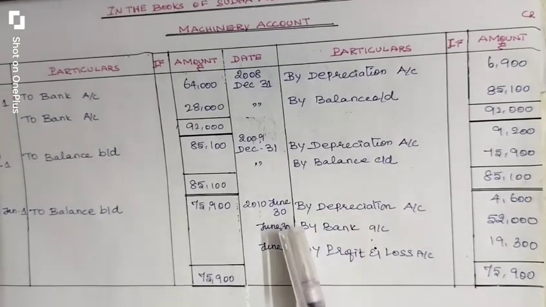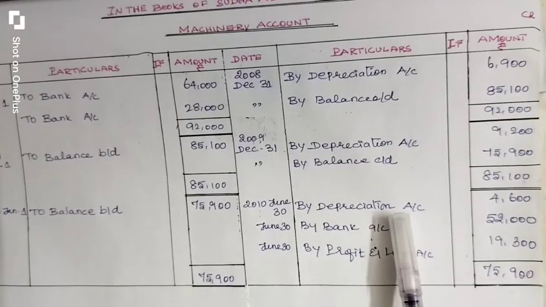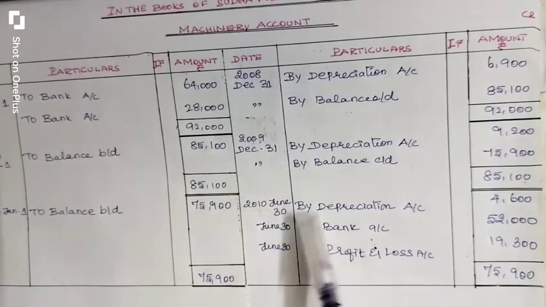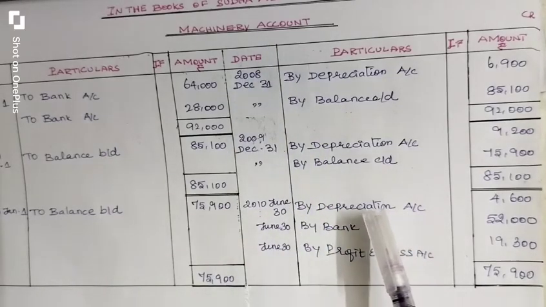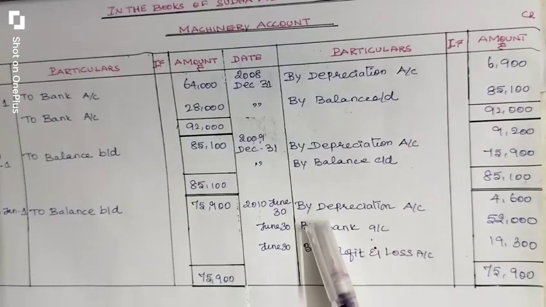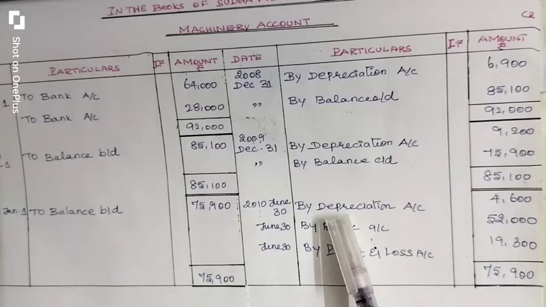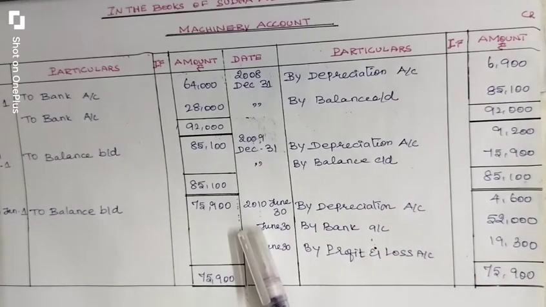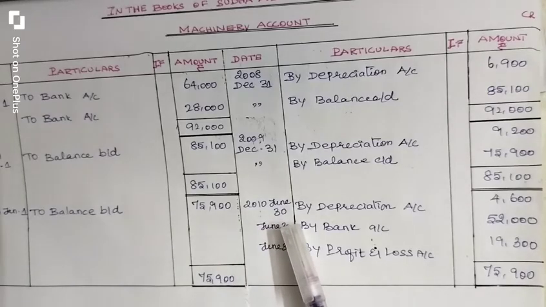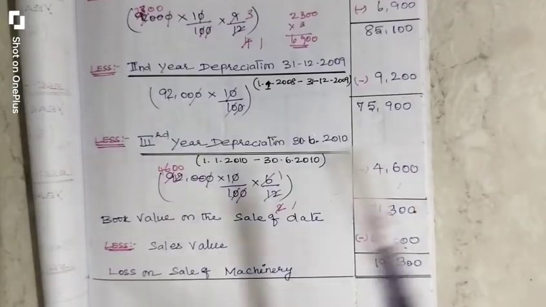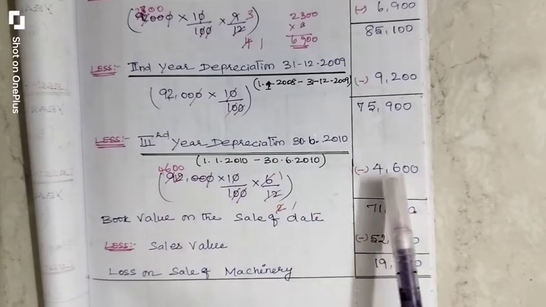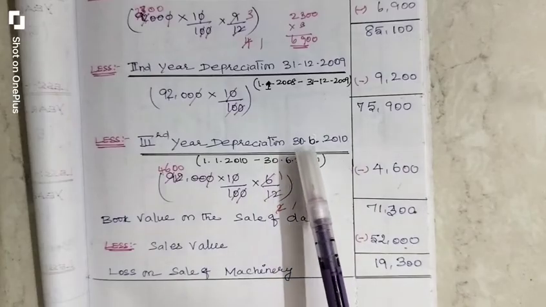Then we have to enter the third year depreciation. So the journal entry is machinery account debit to depreciation account. So machinery account is on the credit side. So we go to the credit side. We have to enter the opposite account, that is by depreciation account dated 2010 June 30, because we have already found the third year depreciation value, that is 4,600, dated 30/6/2010.